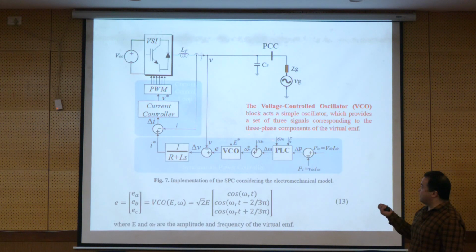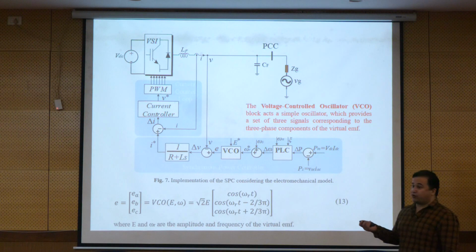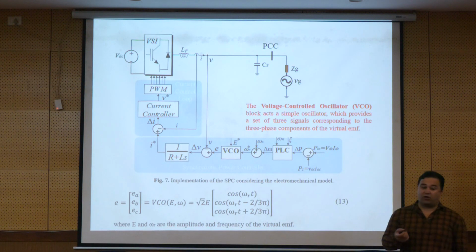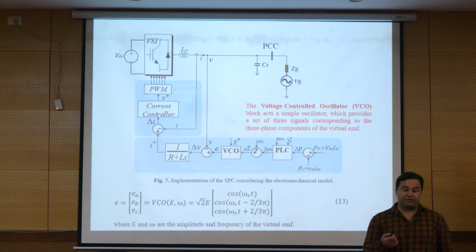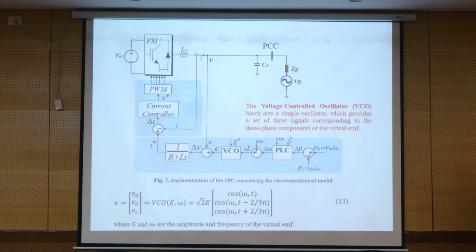Okay. So now get back to the model that we developed here. We see that this model is provided to emulate the behavior of the synchronous generator, and the reason is that what we provided here is based on the operation of the synchronous generator. The benefit of this model is that it has the functionality which a synchronous generator can provide for the grid, like inertia and some other things.